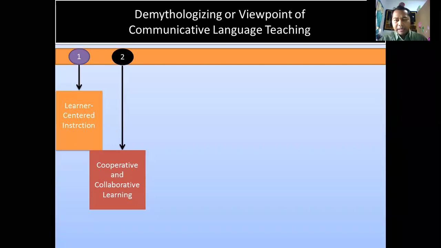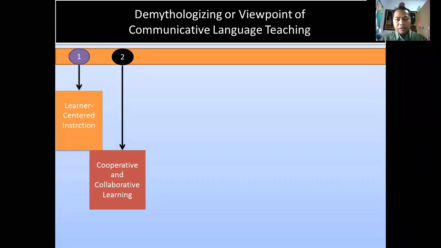If you have group work as usual, it is possible to have one student dominate the classroom, the group activity, but not in cooperative and collaborative learning. It is impossible for one student to dominate the activity in a group.